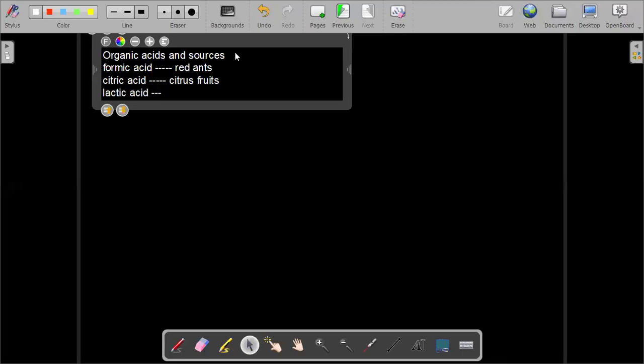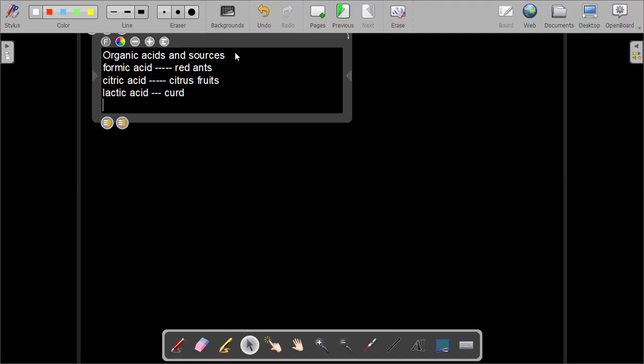It is found in milk and other milk products, like curd. So lactic acid is found in curd, and tartaric acid is found in tamarind.